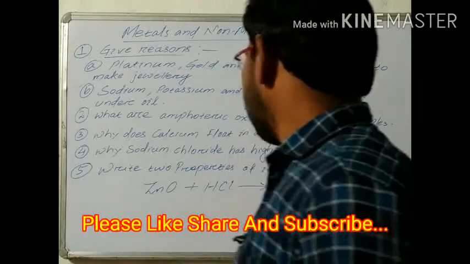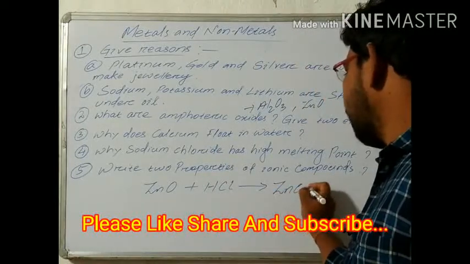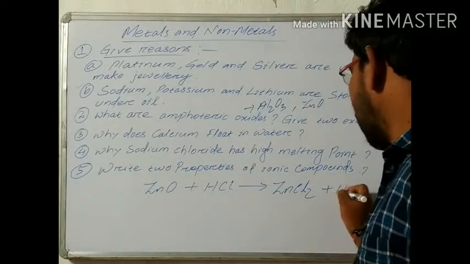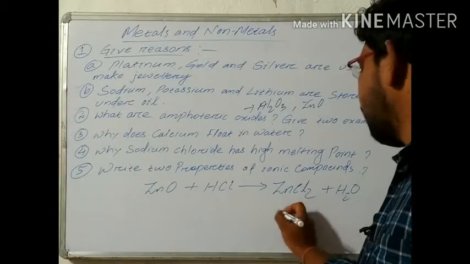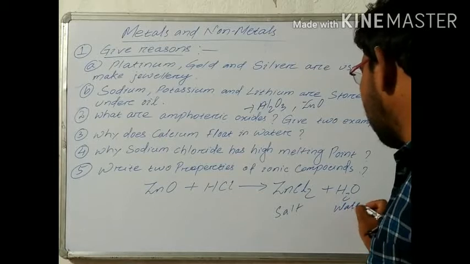What is formed here? ZnCl2, zinc chloride, plus water, H2O. Here zinc chloride is a salt, so salt plus water are formed.